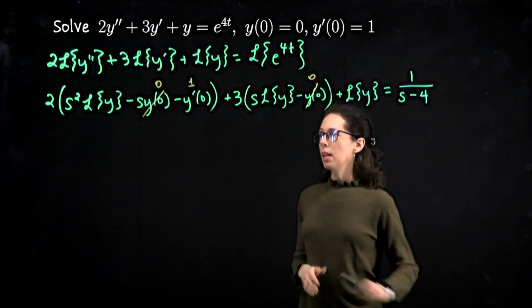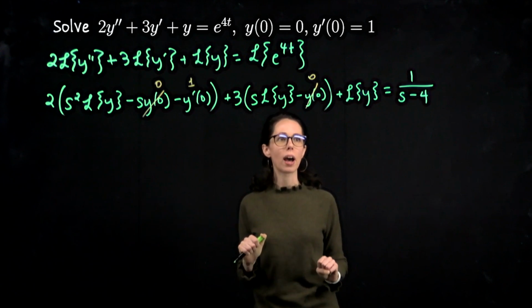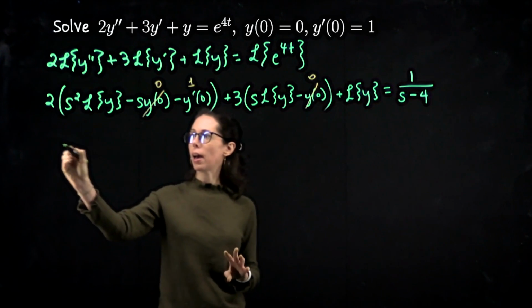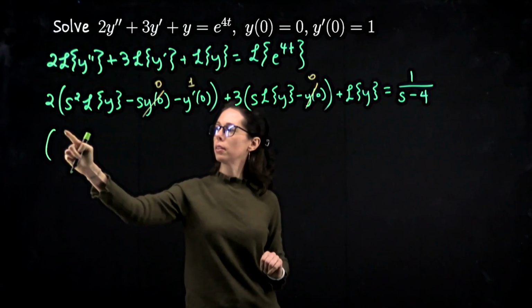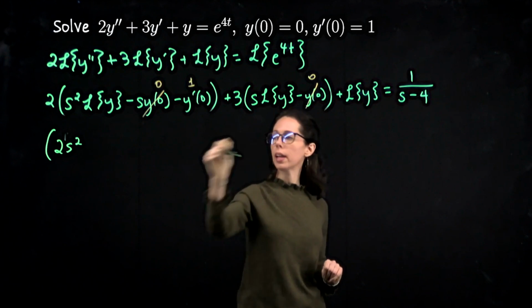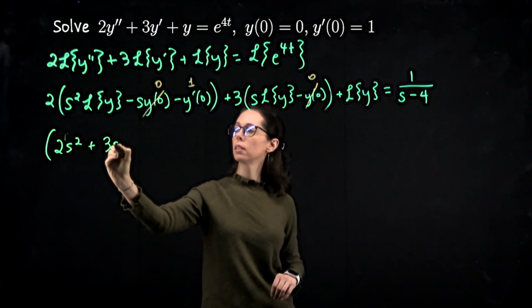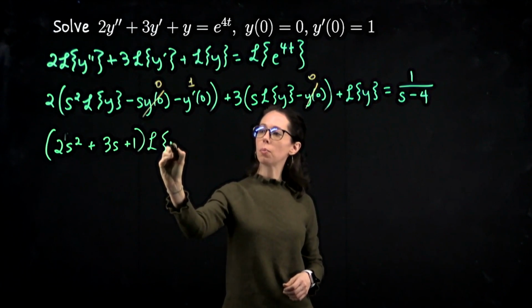Okay, let's now try to group the Laplace transform of y together. So we have overall on the left-hand side 2s squared plus 3s plus 1. That should look really familiar.